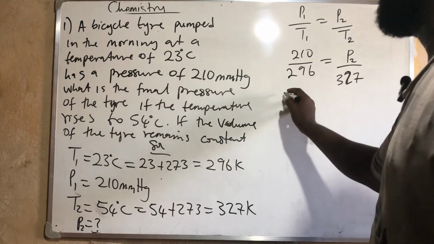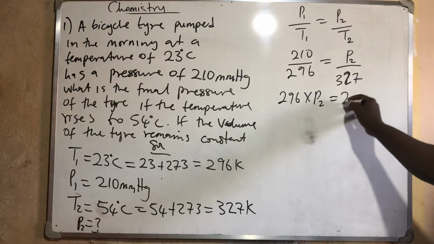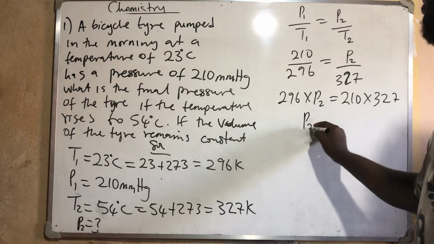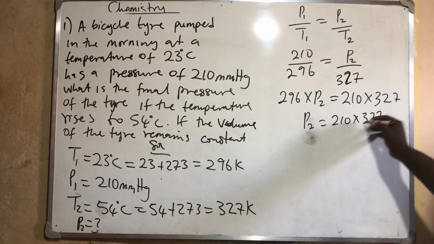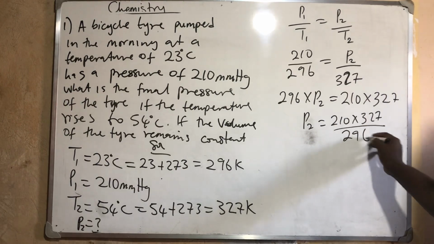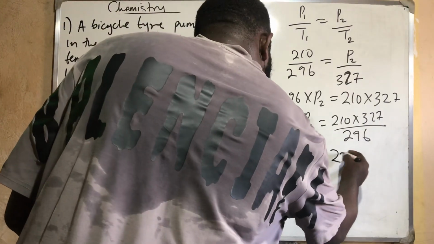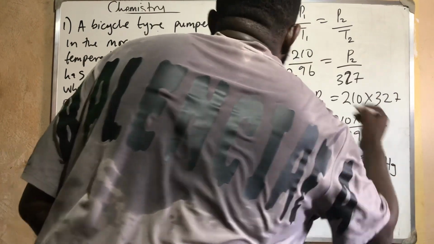If you cross multiply, 296 times P2 is equal to 210 times 327. So my P2 will be 210 times 327 divided by 296. If you do that, you will get a pressure of 231.9 millimeter mercury.